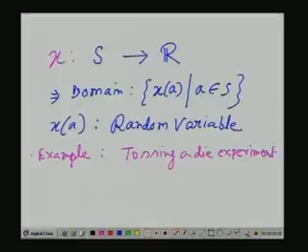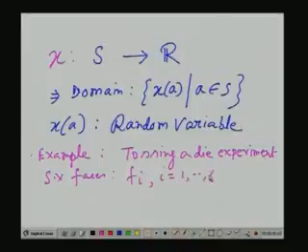We have 6 faces, F I from 1 to 6. Each F I is a particular experimental outcome. So there are 6 outcomes, and the total set is nothing but a set consisting of F1, F2, F3 up to F6.